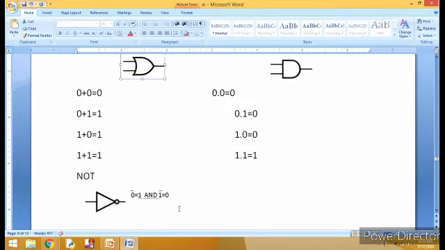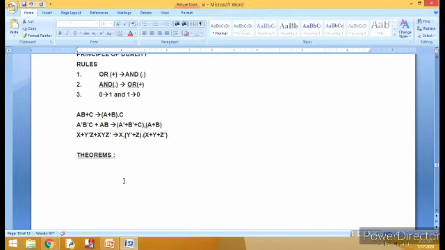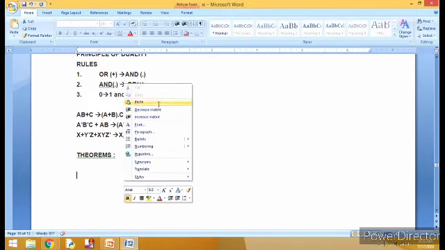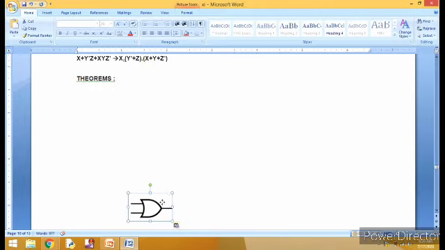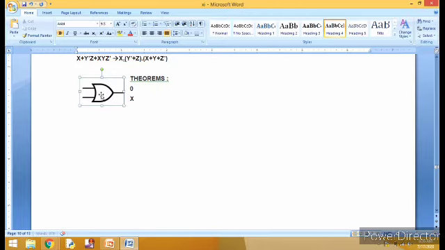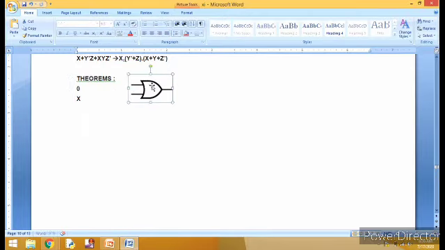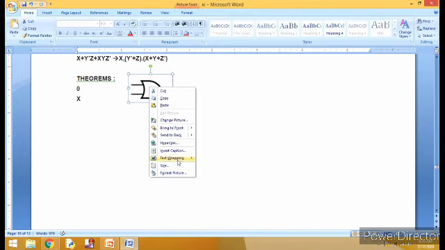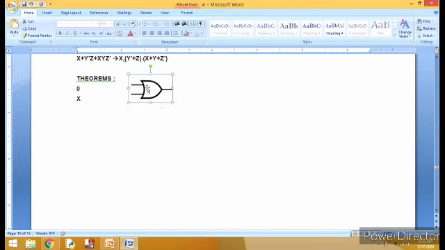So what is the theorem? We have two inputs, one is 0 and the other is a variable, x. So this is being applied to this.